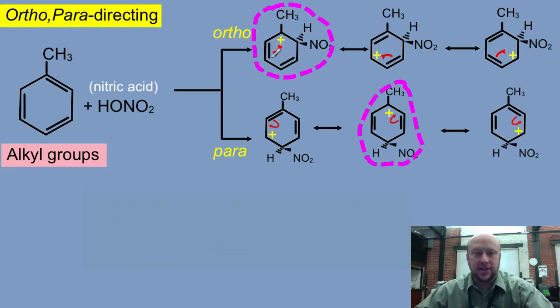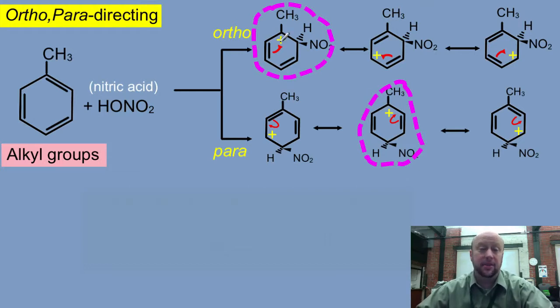Because as we are showing here, we could shift around the double bonds, and again remember that we're not actually shifting around the double bonds in the charge, but as that is a possibility, this one position here for each the ortho and the para gives us a tertiary carbocation that is going to be a lot more stable than any secondary carbocation, and so therefore that is going to be the favored position.